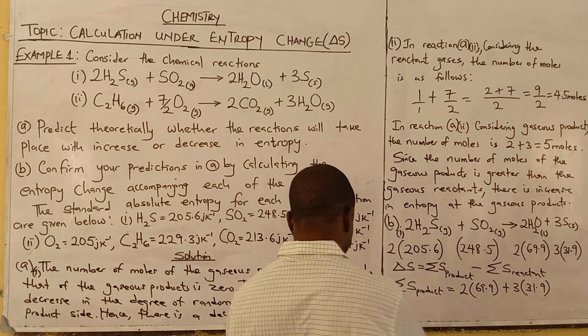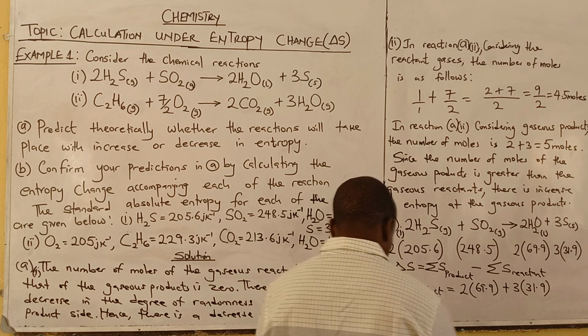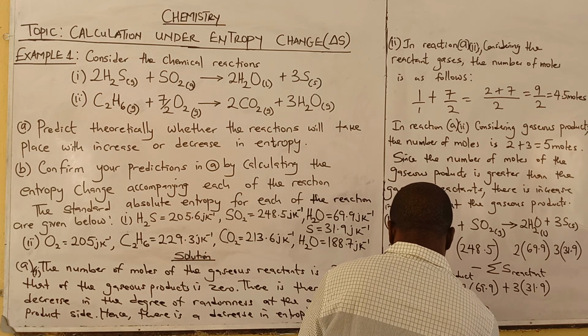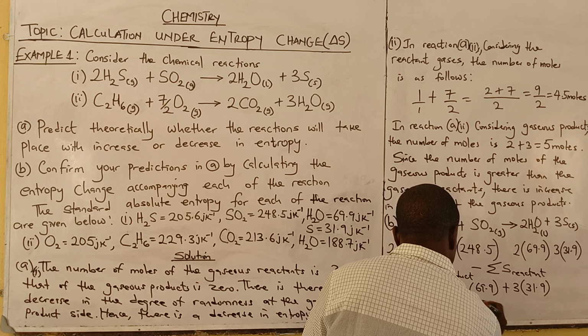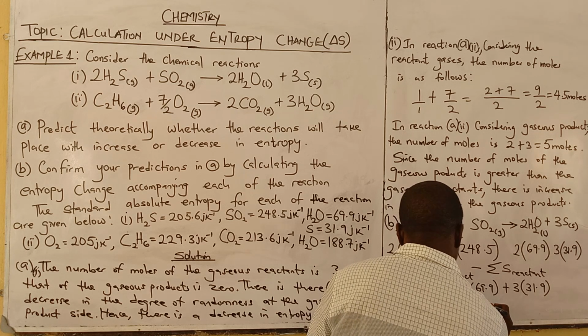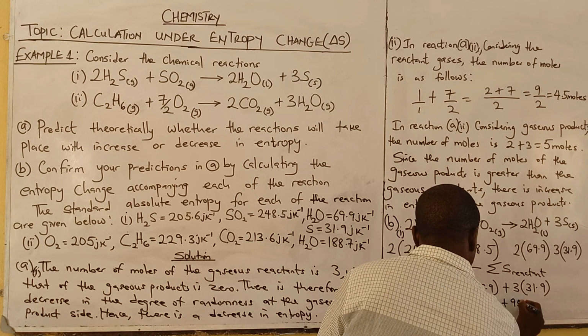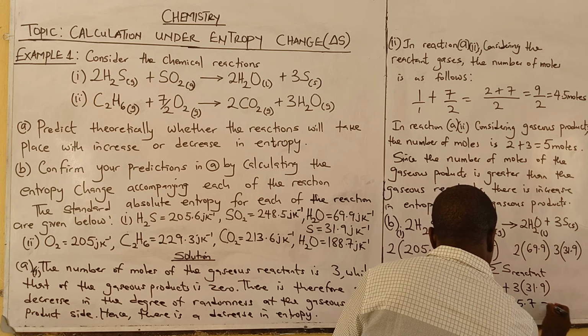Now when you press your calculator, you have 139.8 plus 95.7.